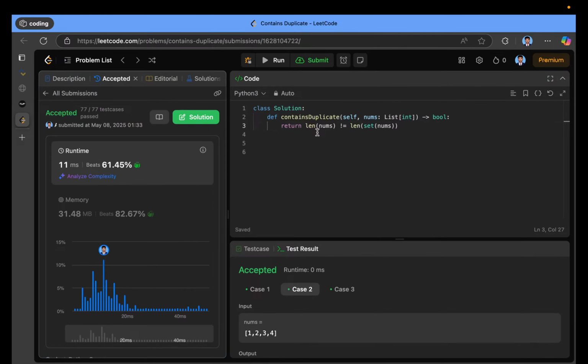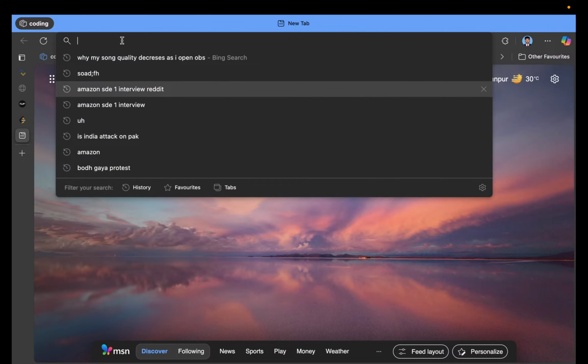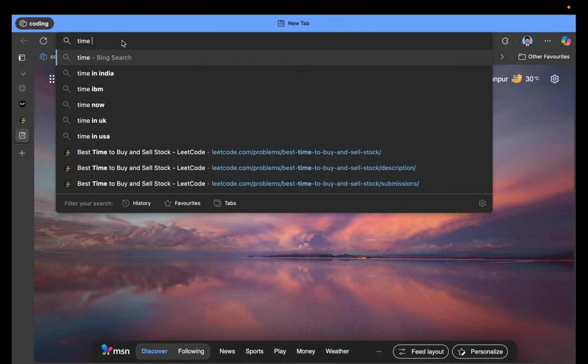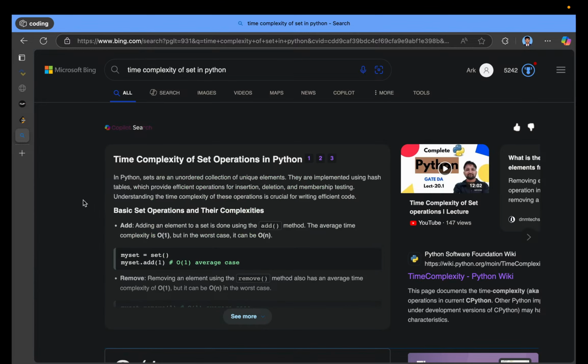I don't know what its complexity is because I'm using a set. So let's find out the complexity of set so that I can understand the time complexity. Time complexity of set in Python. In Python, set is an unordered collection of unique elements. Why am I trying to?